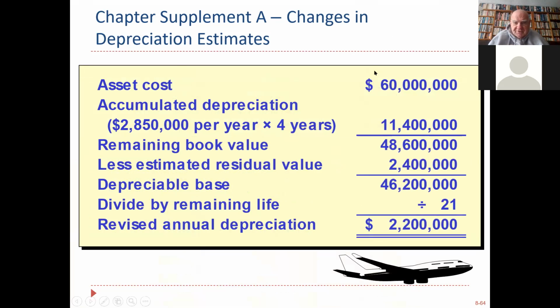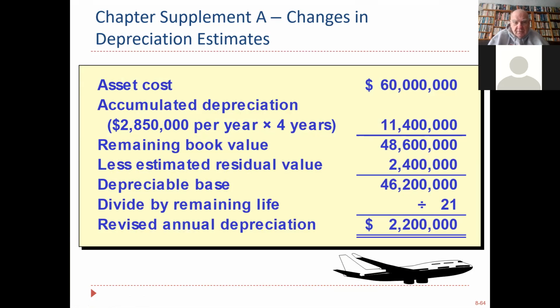The original asset cost was 60 million, and the depreciation per year was 2,850,000 per year times 4 years. So the book value after 4 years was 48,600,000.